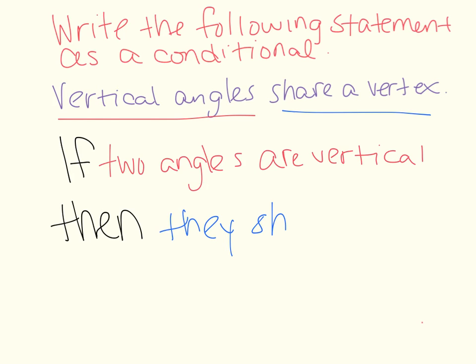Oops, let me fix that because that looks like an 8 and not an S. Then they share a vertex. So if I were to read that out loud, if two angles are vertical, then they share a vertex. That makes sense. If then. We can now take this and turn this into a contrapositive, turn it into a conditional, turn it into an inverse, and we can also find the truth value.